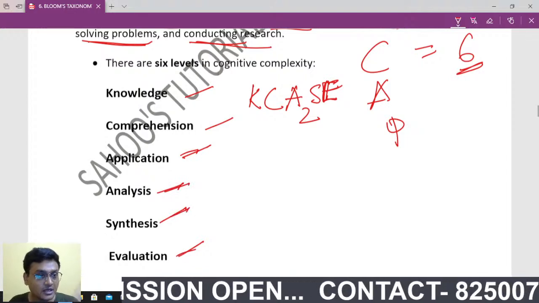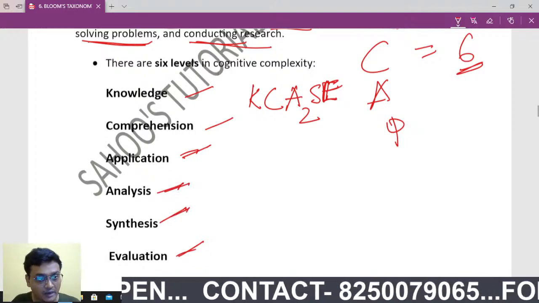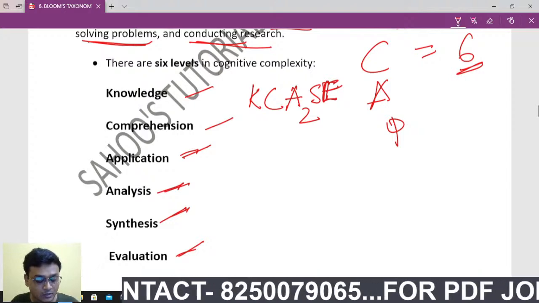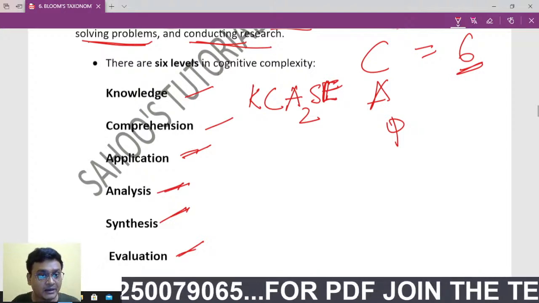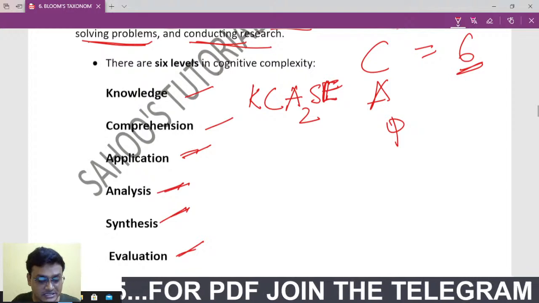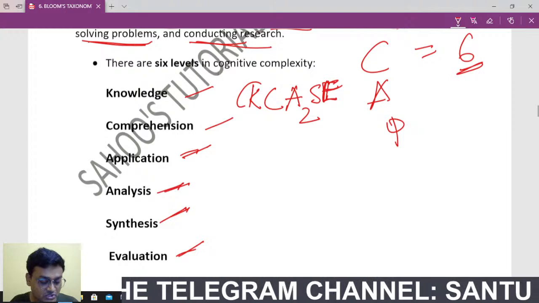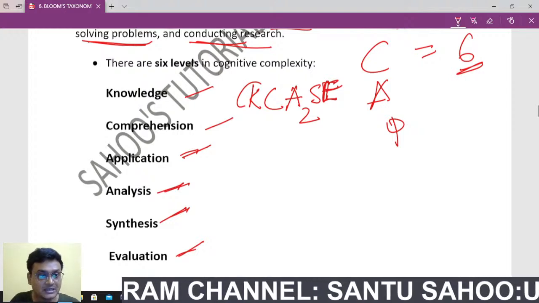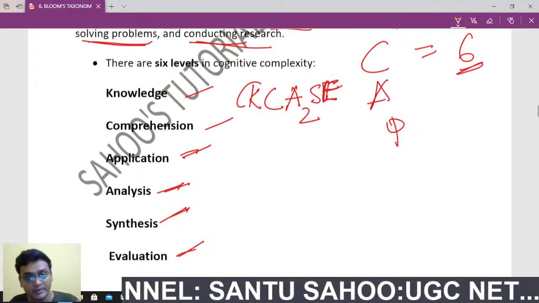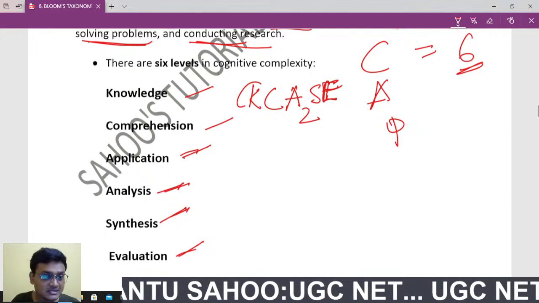We will be discussing knowledge, comprehension, application, analysis, synthesis and evaluation one by one. How will you remember? KCA2 SE. Knowledge, comprehension, that is understanding, application of the prior knowledge, then analysis, breaking into parts, then synthesis.